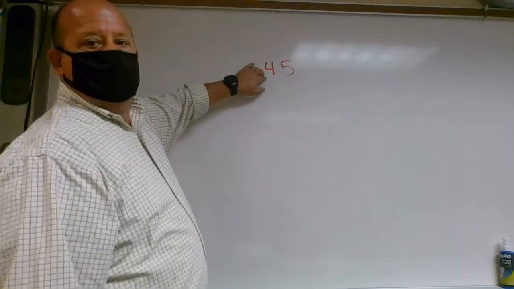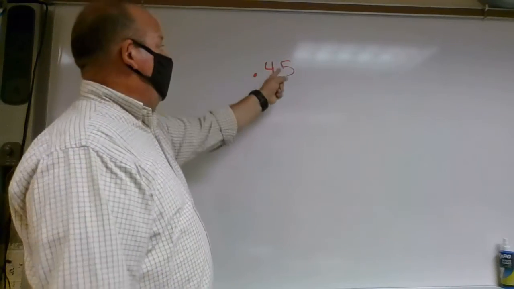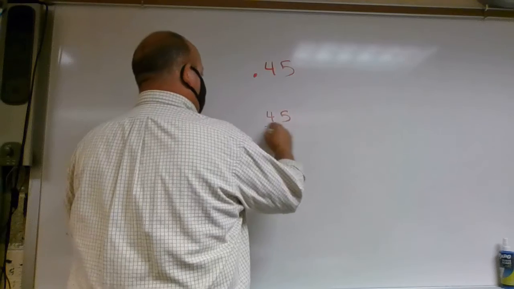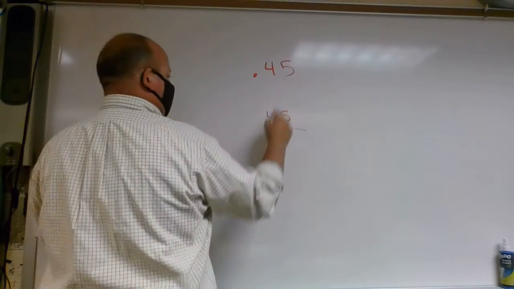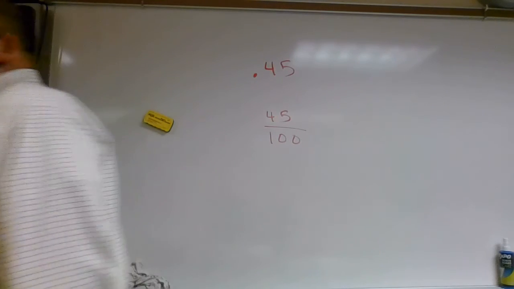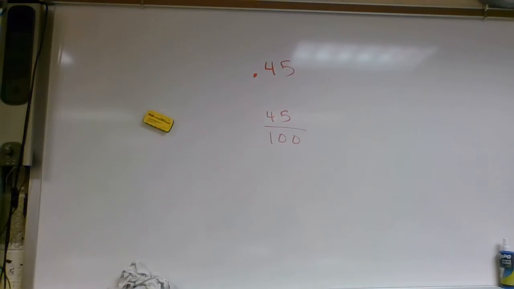How do you read that number? 45 hundredths. That's all it is. Know the place value of the last digit, and just put that number as the denominator, as the bottom number. That's all these are.